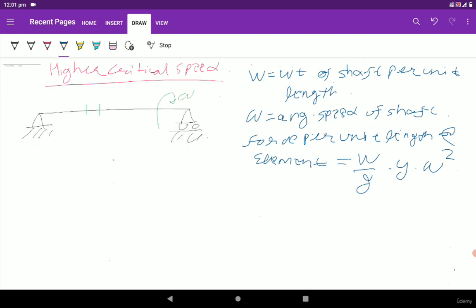The element has the length dx, and from this point to this point the distance is x, and from this point to this point here we can say the distance is y. So here the weight will be acting in downward direction, that is W by g dot y dot omega square.